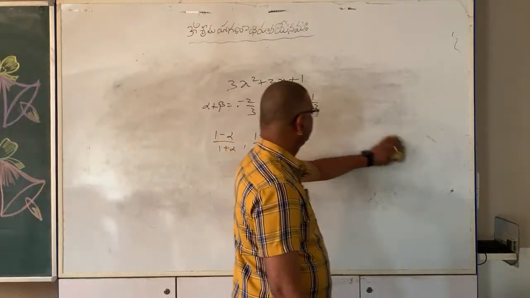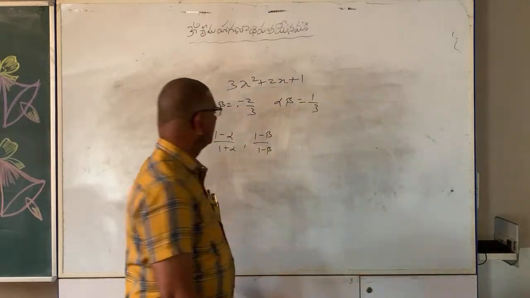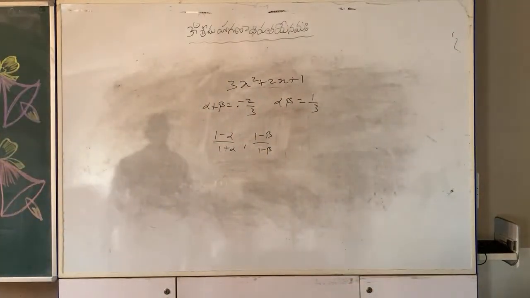How to do it? Any clue, children? How to do this? There is a polynomial given, 3x square plus 2x plus 1. From that, alpha plus beta is minus 2 by 3, alpha beta is 1 by 3.